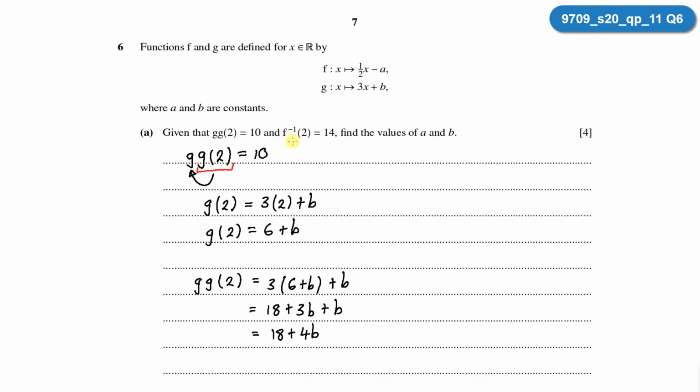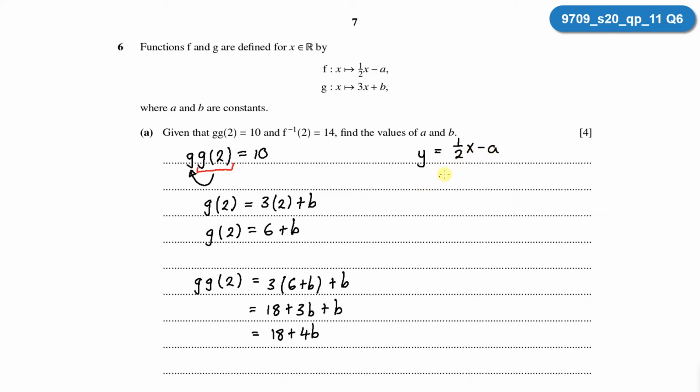We also have another piece of information that f inverse of 2 is equal to 14. So we know that f of x, which I want to express as y, is half of x minus a. And I have to find the inverse of f. So I'll first have to make x the subject.